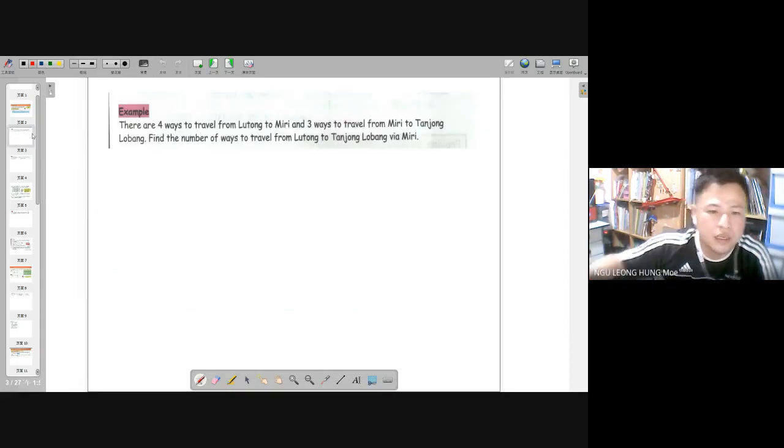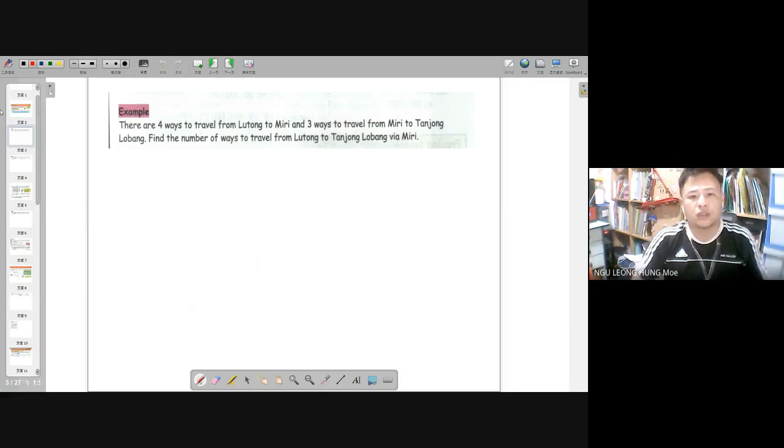Okay, let's see one example. There are 4 ways to travel from Lutong to Miri.